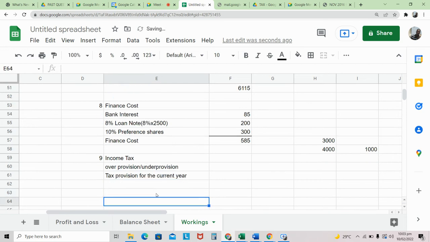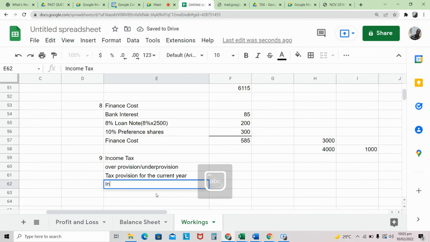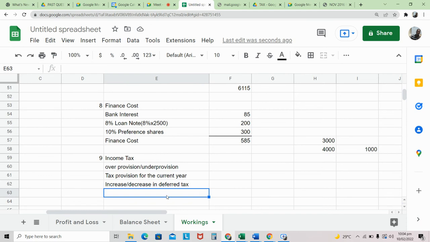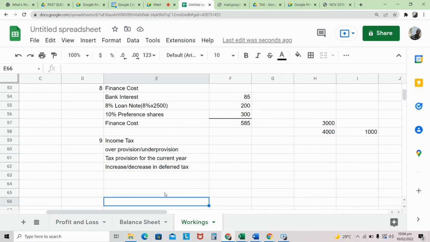Then when you finish, you also have to check whether there's any increase or decrease in deferred tax. So these figures come together to form the tax expense for the year. Okay, so that is what we are going to use to determine our tax expense for the year.